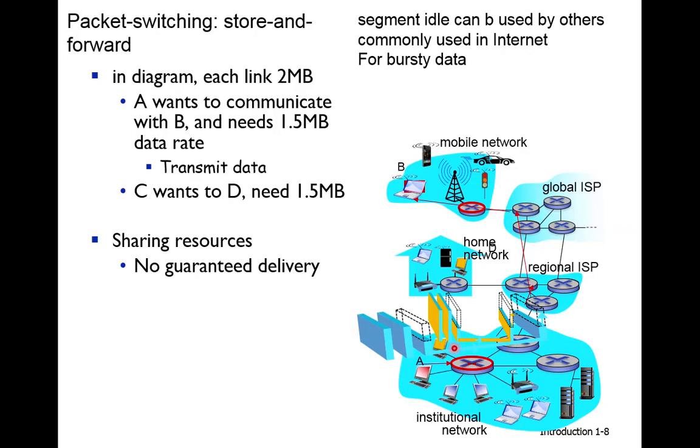You can see that A and C can both send the data in the packet switching technique. So they are sharing resources, they are sharing this link.